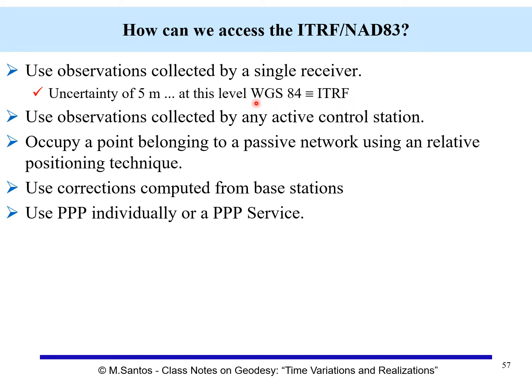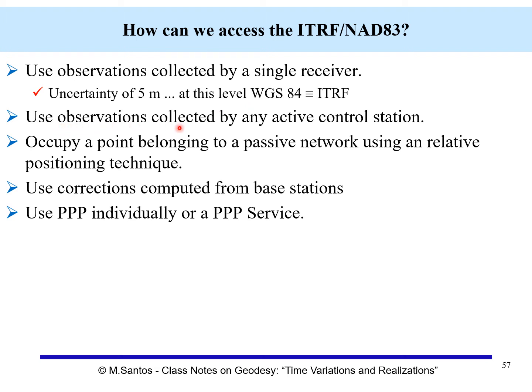Again, this is not the quality of the frame. We discussed before that WGS84, the more current frame, the latest realization, is compatible with the ITRF at the 10 centimeter level. But the problem is the quality of the orbit.